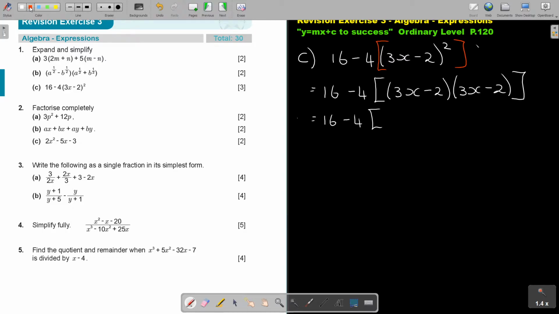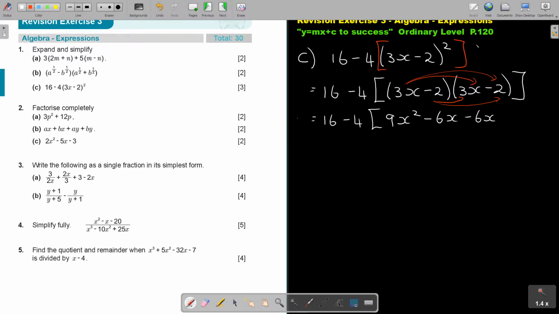Now, start with this times this, which is going to be 9x squared. Then this times this, it's going to be negative 6x. Then this times this, oh, I wanted to make it red. Okay, this times this is going to be negative 6x.